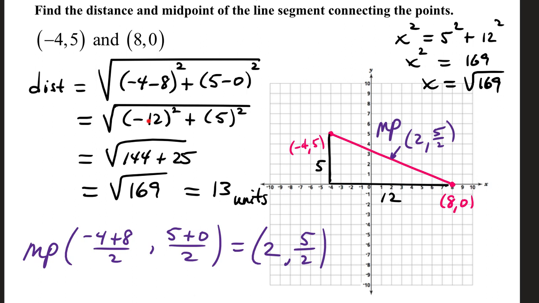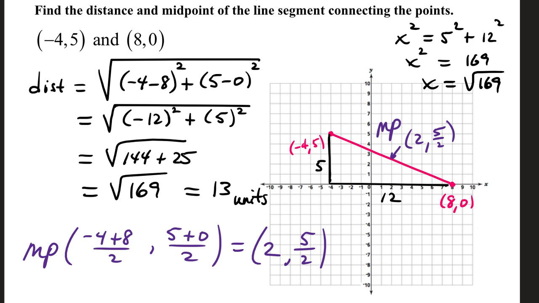That's negative 12 squared, which is 144. This gives us 5 squared, which is 25. Those two numbers have a sum of 169, and that has a square root of 13. So these 2 points are 13 units apart.